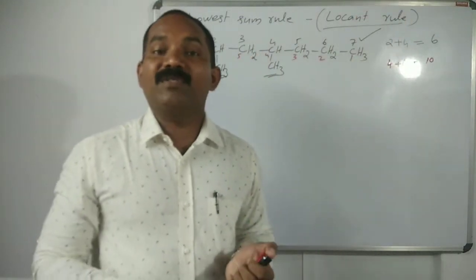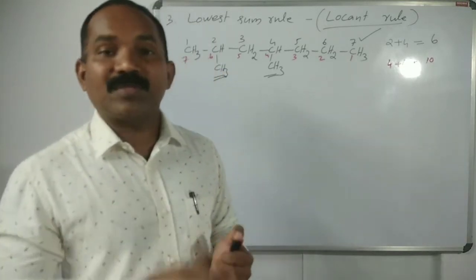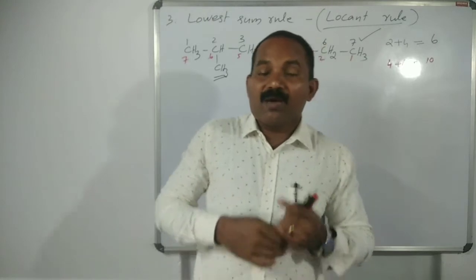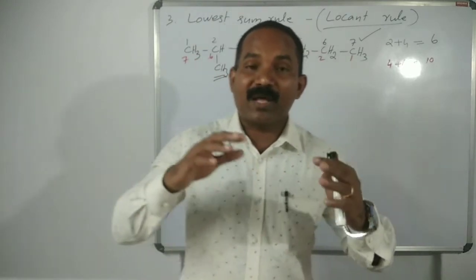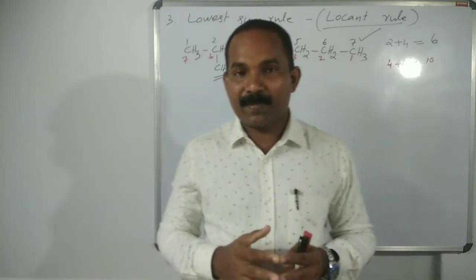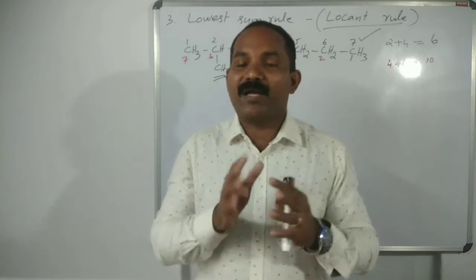That's about the lowest sum rule. The lowest sum rule proposes that while numbering, if more than one substituent is there, the lowest sum of the locants must be taken.